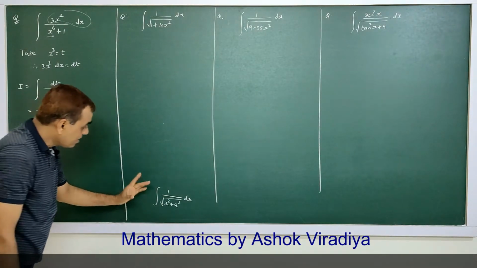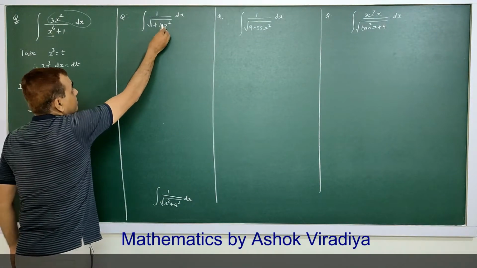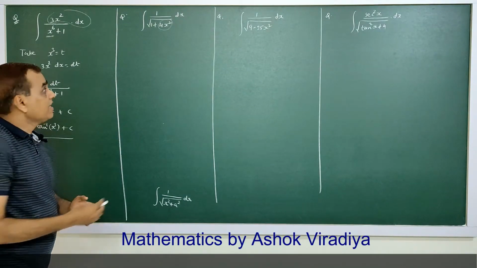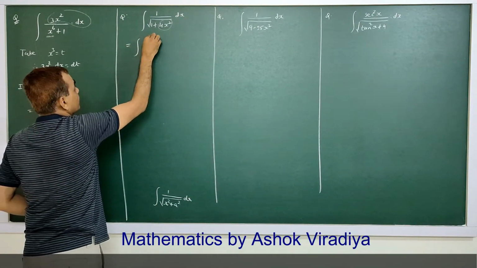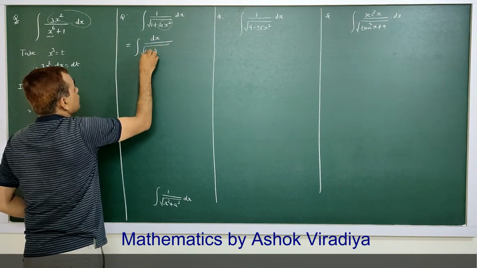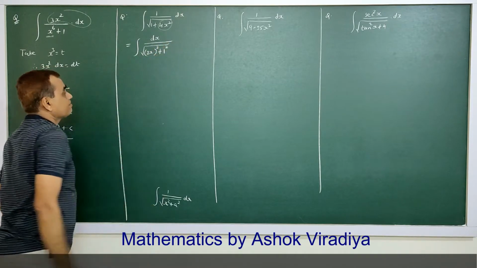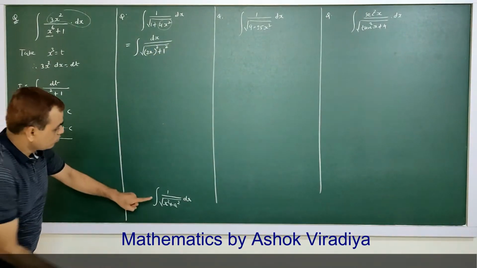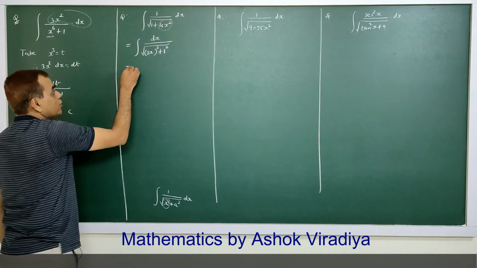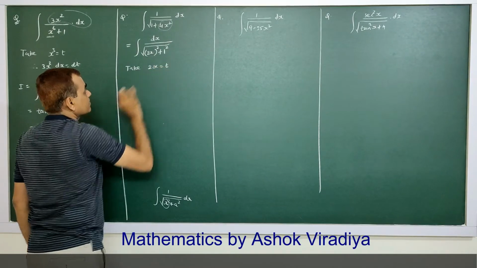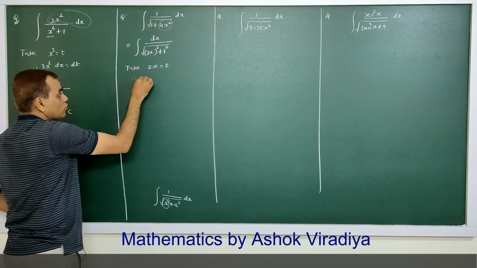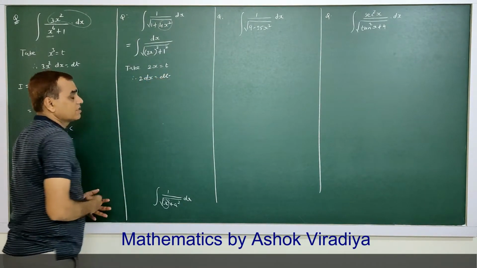For that, what we do here, this is 2x square, so putting this as dx upon square root of 2x square plus 1 square. And now in place of x, this is 2x, so we take 2x equal to t. So this form can be derived. 2x is t, so 2 dx is dt.